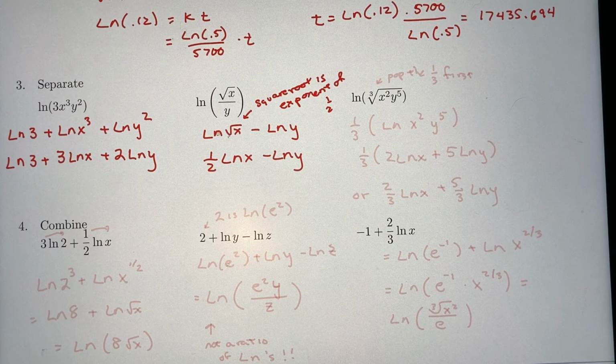Speaking of which, cube root is 1/3. This one, the exponent is the main operation. So I could just go 1/3 of the whole thing, and then continue to pop.